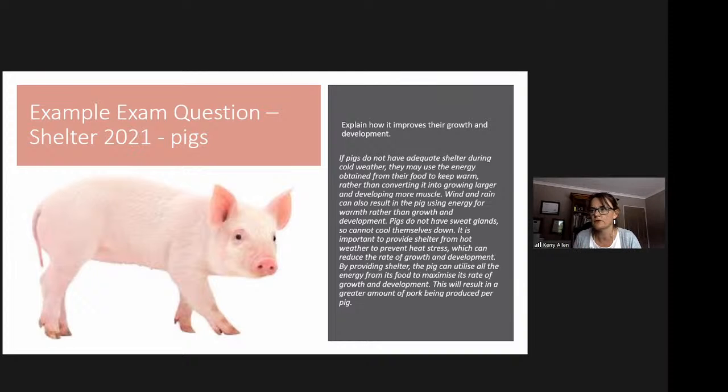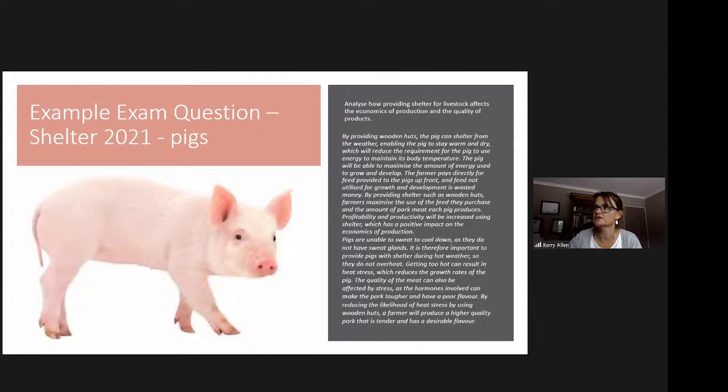So you're trying to provide them that shelter to maximize their energy, and therefore they're going to convert that into muscle development and also fat production. So you're going to have a better amount of pork produced per pig if they have shelter to keep warm or cool to keep cool.